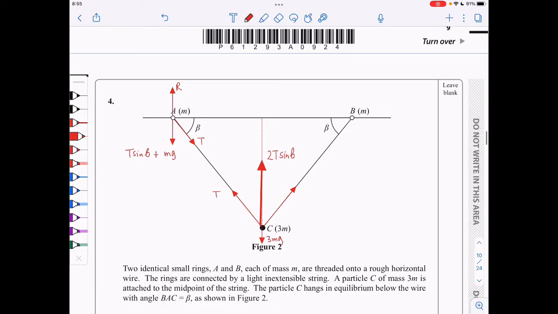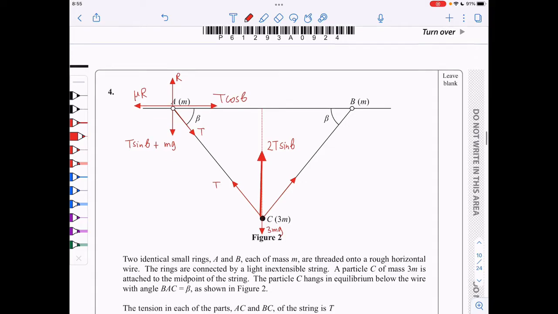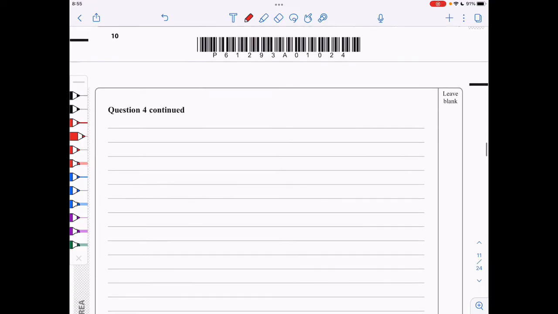To the right, I've got a component of T cos β. They are on the point of sliding towards each other, so A is going to go to the right. So we've got a frictional force to the left, which is equal to μR. So based on this, we know that μR is T cos β.